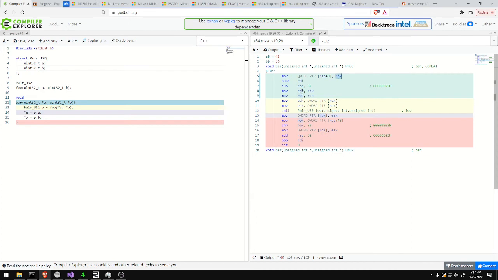RBX gets the pointer from the first parameter. RDI gets the pointer from the second parameter. So then RBX gets the low 32 bits, and RDI gets the high 32 bits.